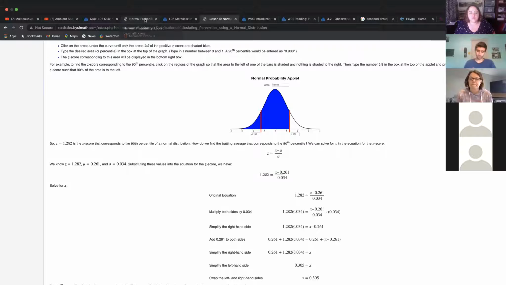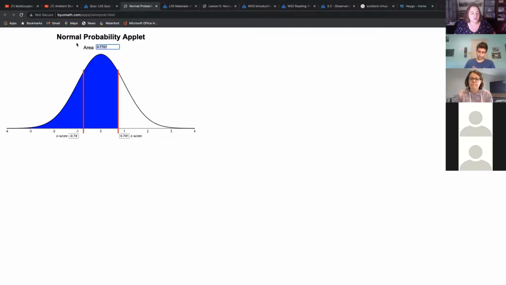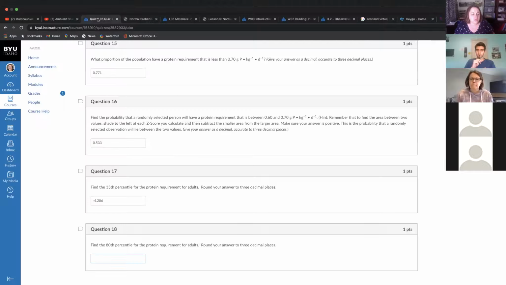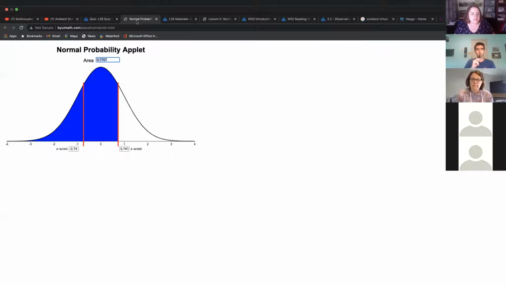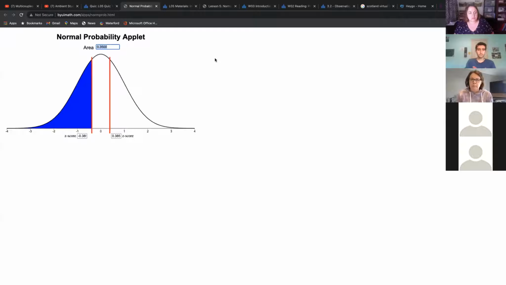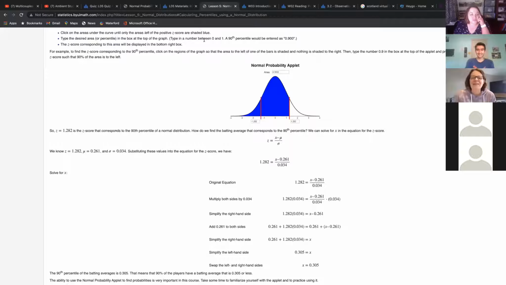So do we have to do it in here? I don't know. I'm just really proud of my math I just did to get a Z-score, so that's all I care about right now. I just clicked down, so to find the Z-score corresponding to the 90th percentile, I put it in here.